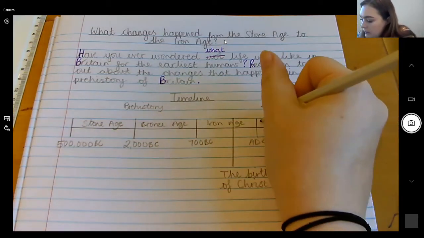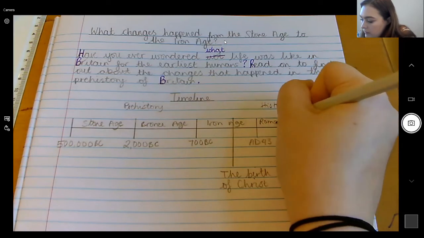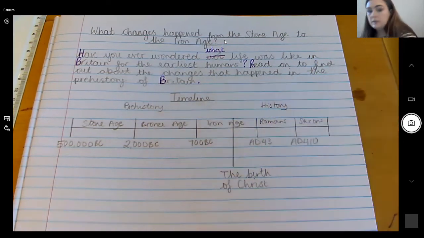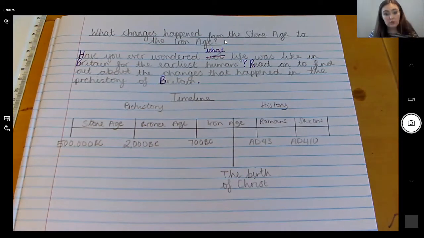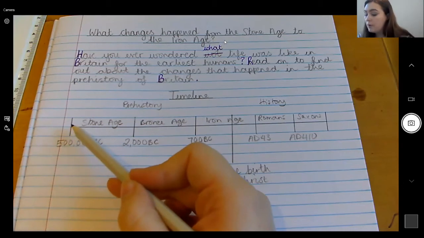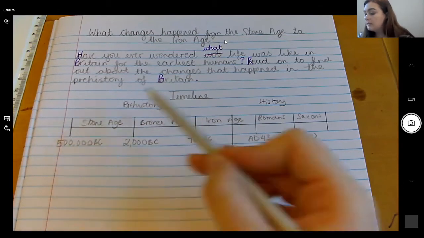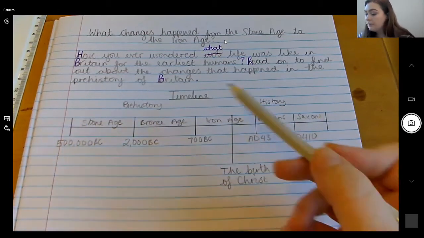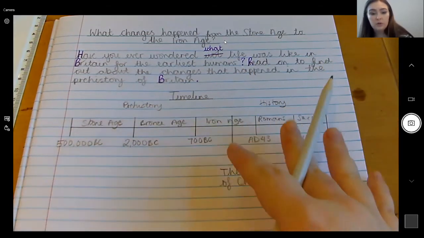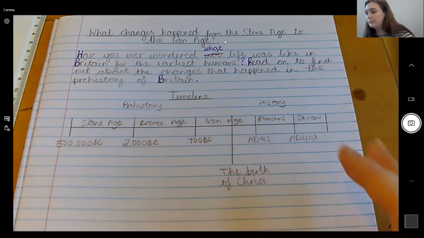Then we had the Romans and the Saxons. So that's what your timeline should look like. So as I said, I've done mine 19 centimeters long, and then I've added in the bits where they've needed to go. So please do make sure that your timeline looks like this as well.